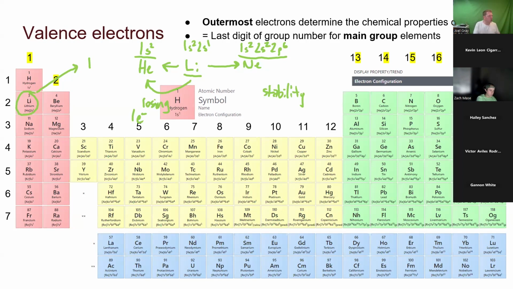So I'm going to call that kind of proposal A. A is that lithium will lose one electron and then it will become stable by having the same electron configuration as helium. Now, when that happens, I'm going to say, okay, well, lithium, tell me how many protons does one atom of lithium have?